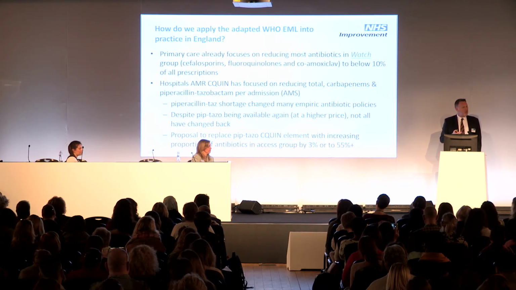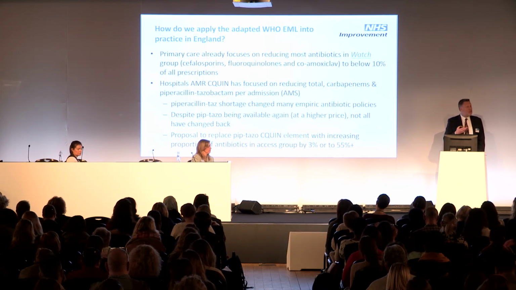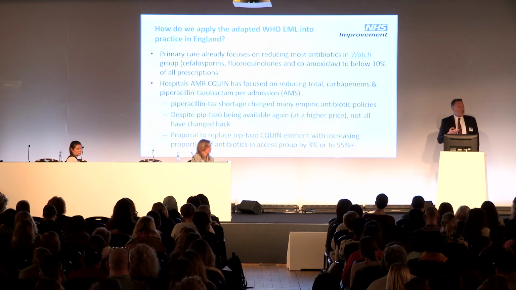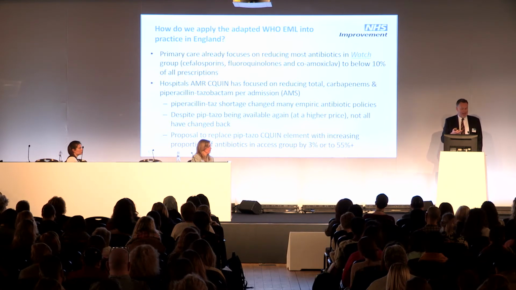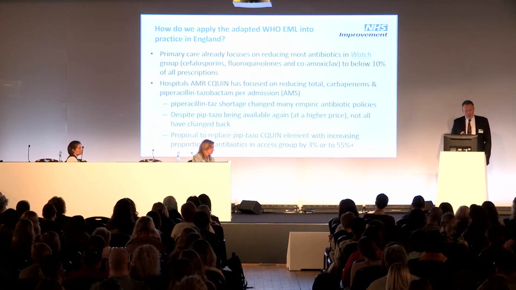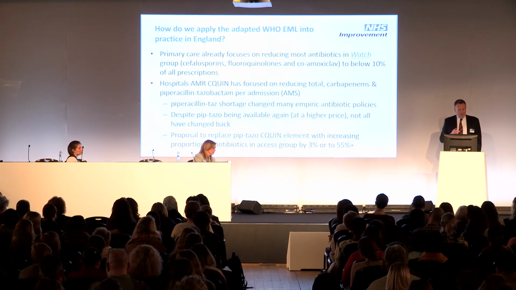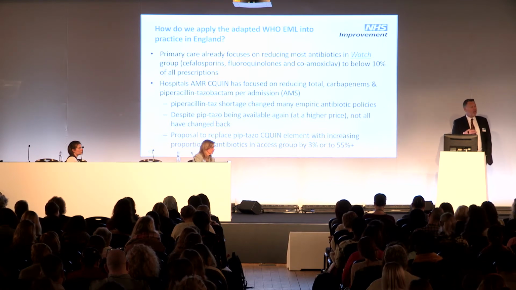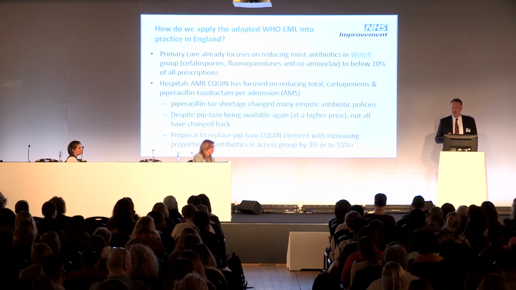And despite some more piperacillin tazobactam coming back into the market now, though at a much higher price, quite a few organisations haven't changed back. And so this is where the proposals come to replace the piptazo element with an increasing proportion of antibiotics in the access group, by either 3% or to try and move to 55%.